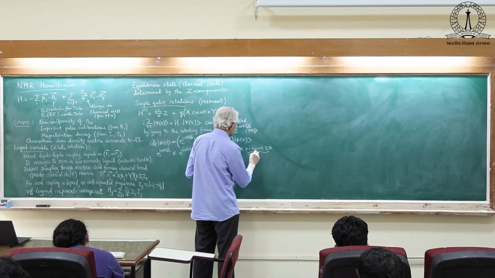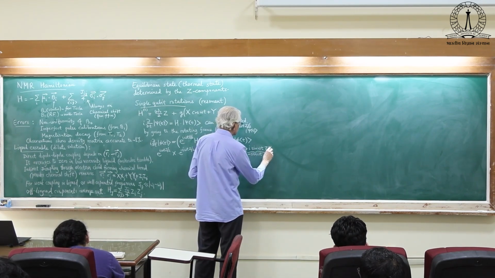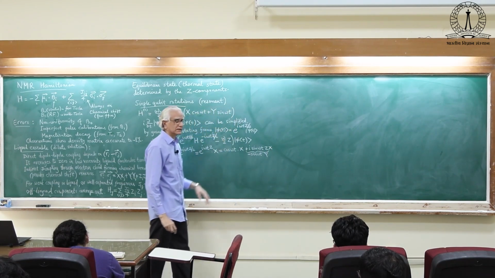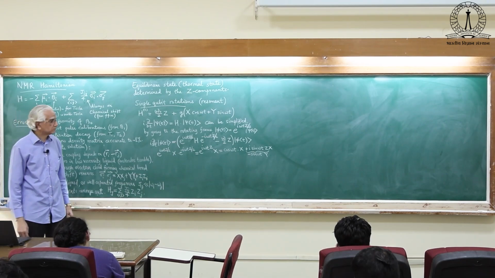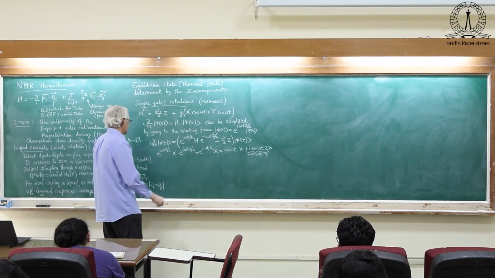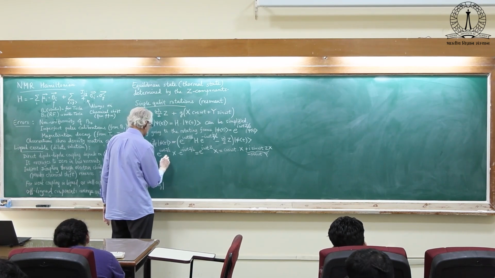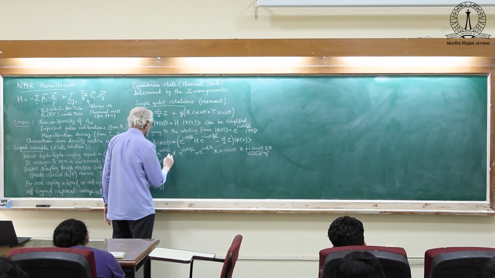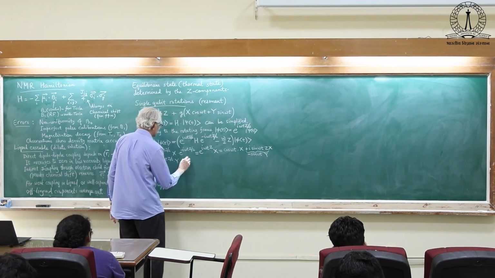This is the Pauli algebra. z times x gives you y. Okay. And you can do the same exercise for the y term.